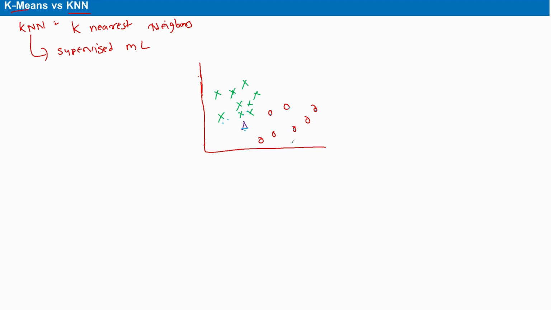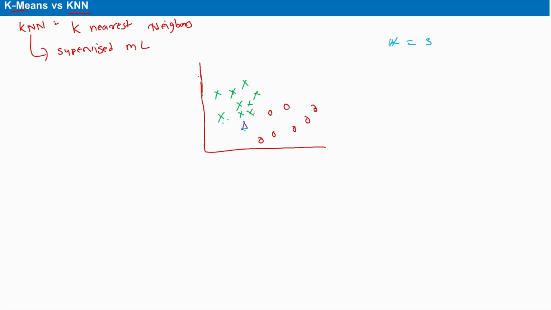Then, depending on the value of K, suppose the value of K is equal to 3, it will find the 3 data points which are closest to this particular query data point.